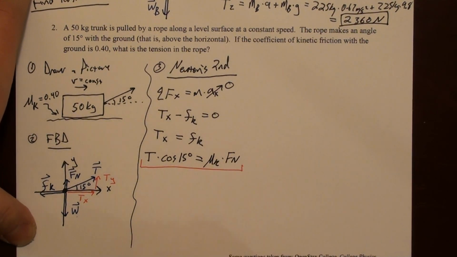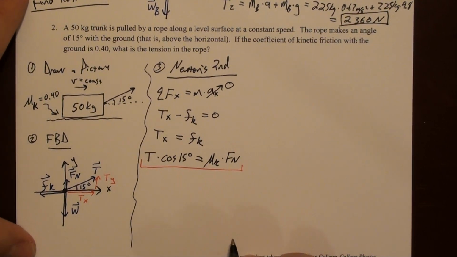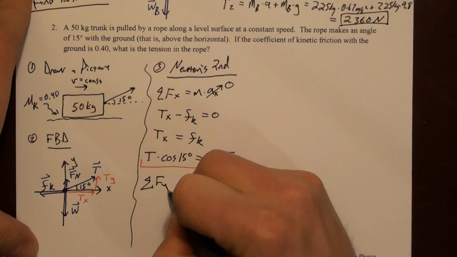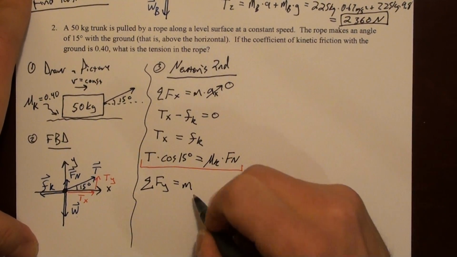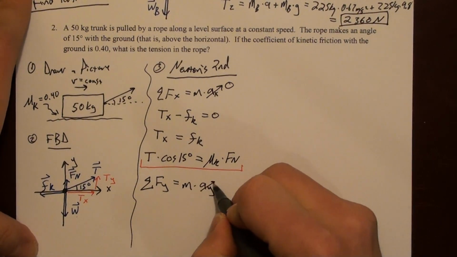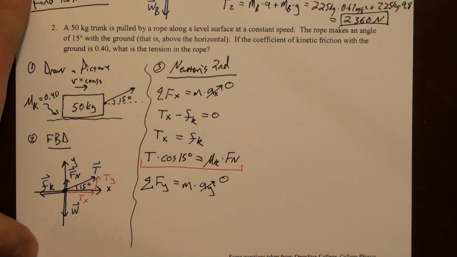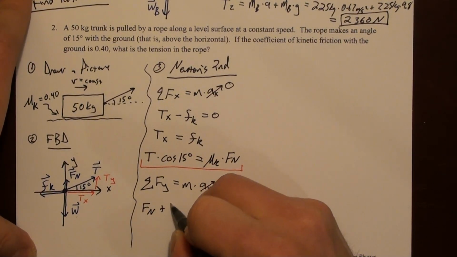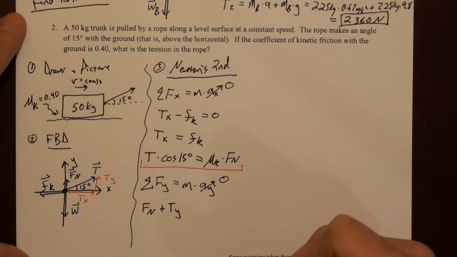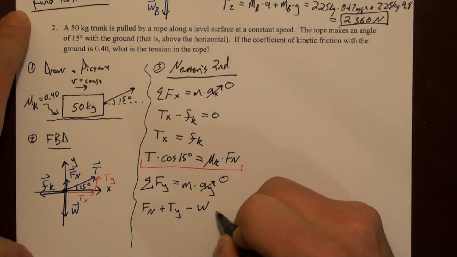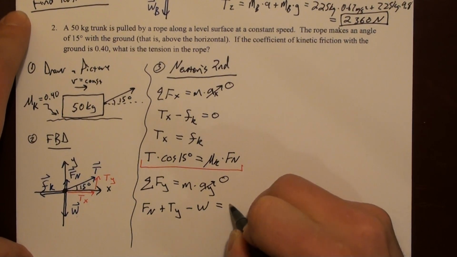So we can do Newton's second law in the y direction. So that's the sum of the forces in the y direction equals mass times the y direction acceleration, which again is 0 for this case. So I can add up all of these forces. We have a normal force, F sub normal. We have T in the y direction, and we have weight pointing downward. And all of that adds up to 0.